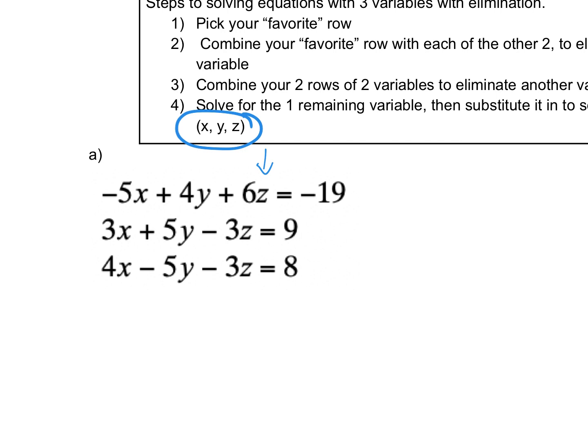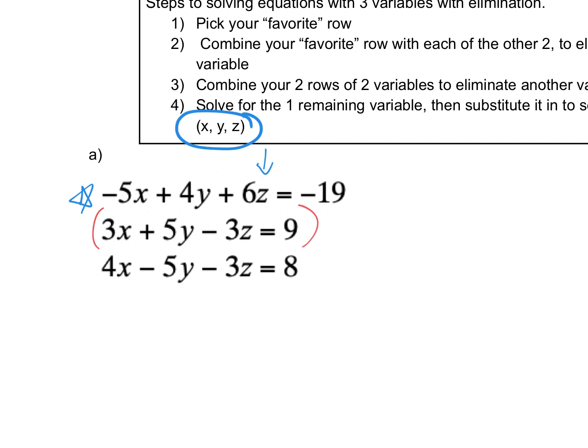So I'm going to leave this one as that, so I'll write it right here, negative 5x plus 4y, because I'm okay with the positive 6z. Actually, sorry, erase that. I'm going to come back to that because I want that in the middle. You'll see why in a second.